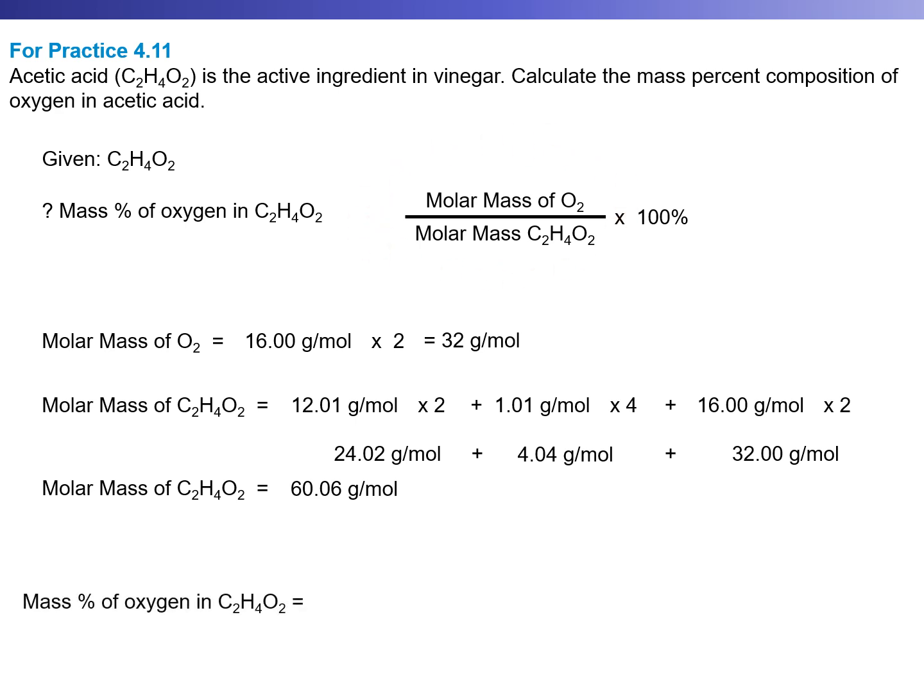So let's go ahead and do that. We're going to take our 32 grams per mole and divide it by 60.06 grams per mole. We're going to multiply that by 100%, and when we do the math, I like to cancel those repeating terms. I love that. And that's going to leave us with 53.28%.